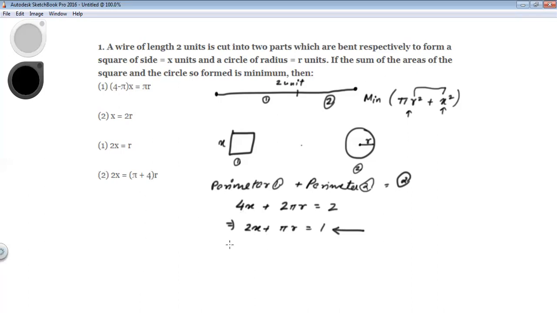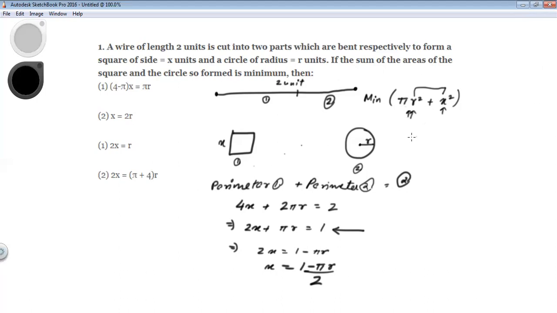So from this, let's convert x in terms of r. So what do we get? 2x equals 1 minus pi r. Therefore, x will be equal to (1 minus pi r) by 2. So this is going to be our x value, which we will substitute in our area formula.